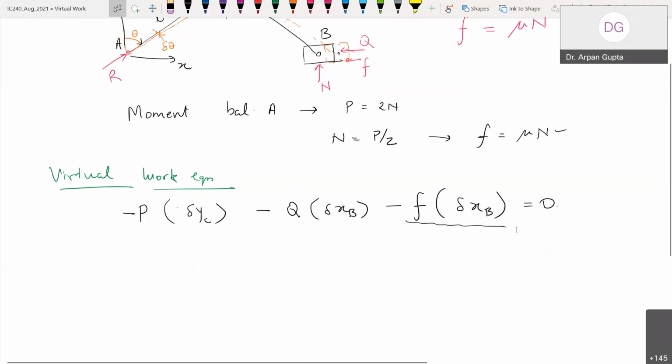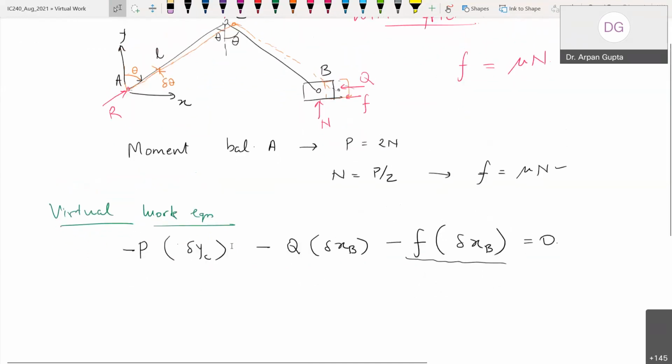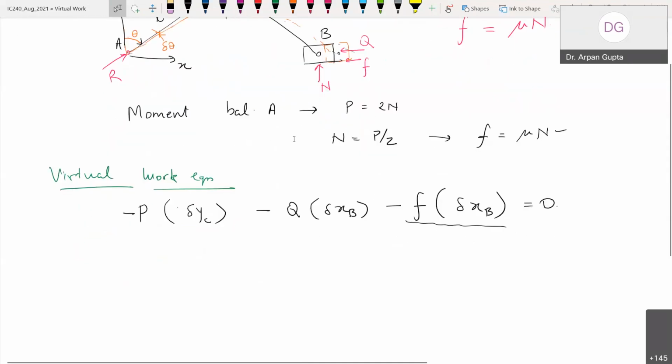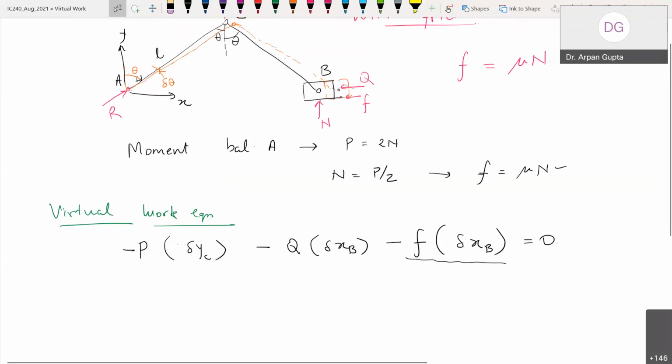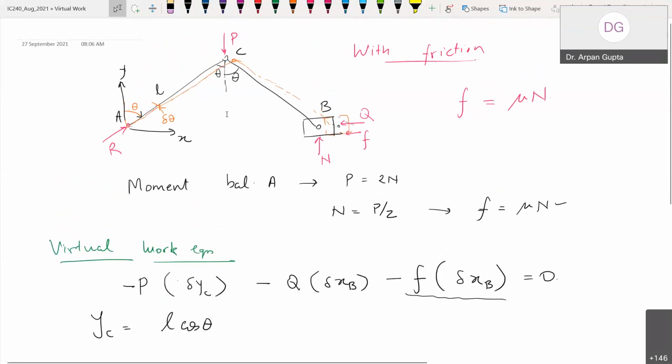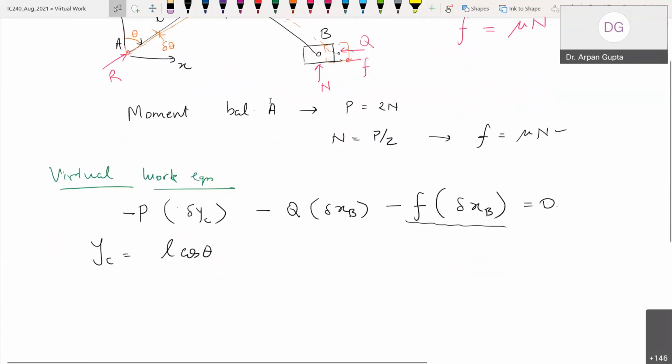So this is the expression for virtual work that we have written. Now we have to find the geometric relationship for delta yc and delta xb in terms of the parameter that we have assumed, theta. So we are giving delta theta. And same thing, if you see in the last class, we said that yc was L cos theta, so that is the vertical position of yc.